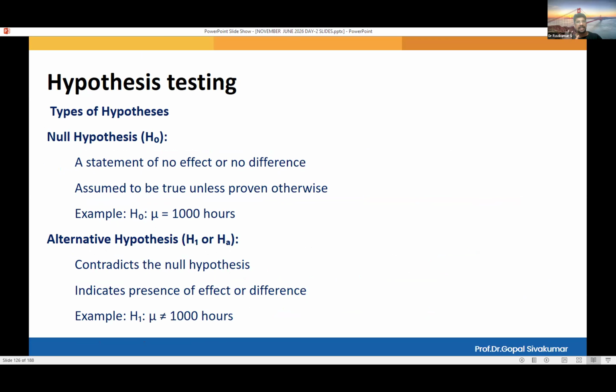One is the null hypothesis statement, another is the alternate hypothesis statement. The first step in hypothesis testing is making a statement, and inside that first step there is a sub-step: you have to make a null hypothesis statement and an alternate hypothesis statement.